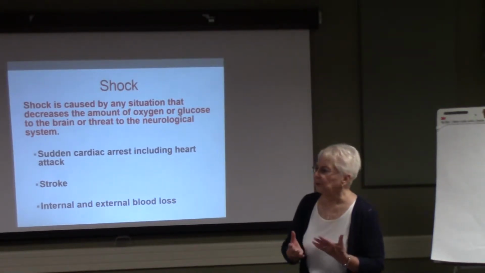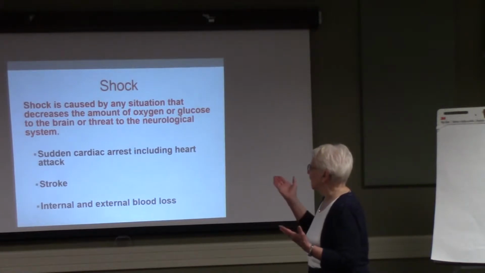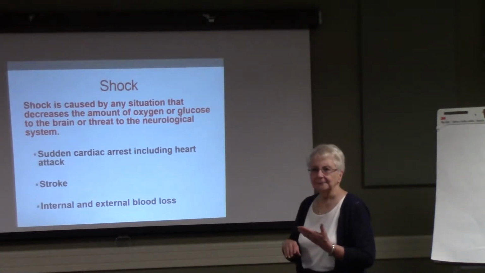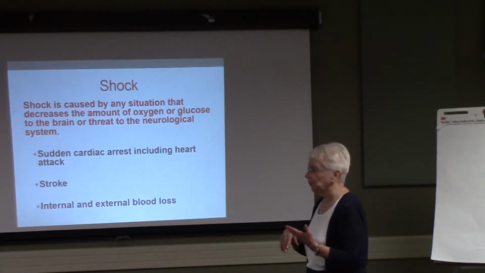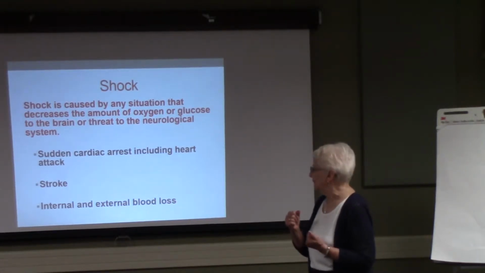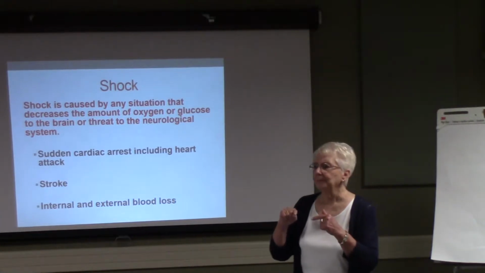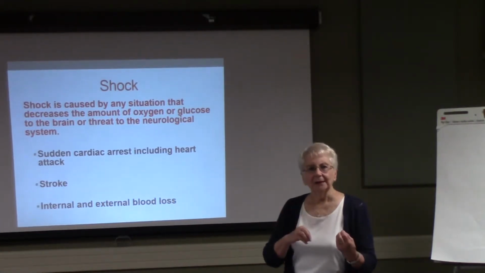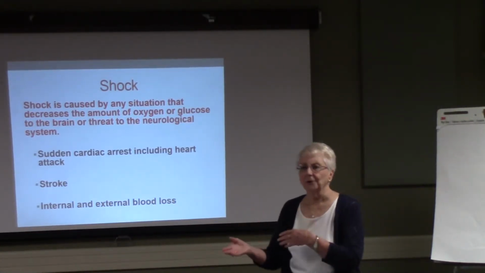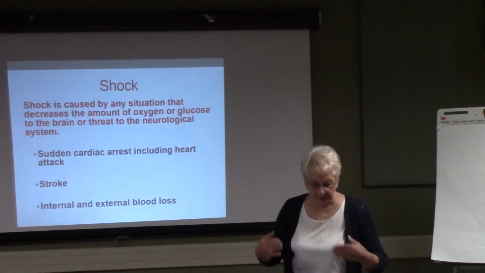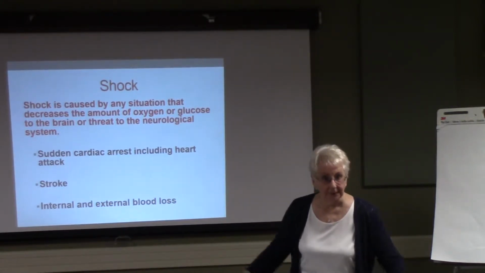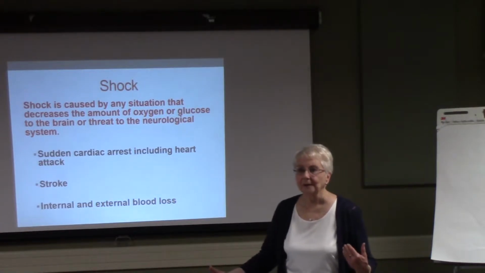The things that can cause shock are cardiac arrest, cardiac shock, stroke, internal and external blood loss. Now remember, anytime that blood is outside of the veins and arteries and capillaries, doesn't matter whether it's inside and it's not bleeding out where you can see it.